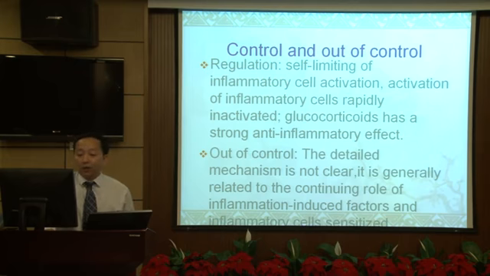On the other hand, it can go out of control. The detailed mechanism is not clear. It is generally related to continuing inflammation, inducing factors, and sensitized inflammatory cells.